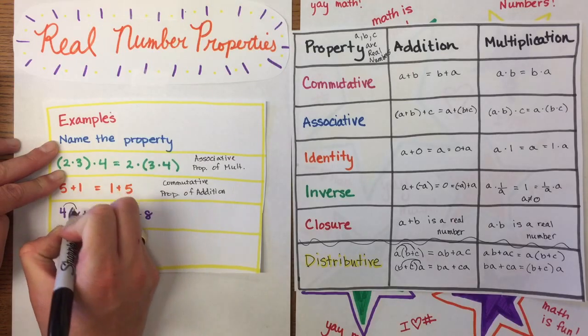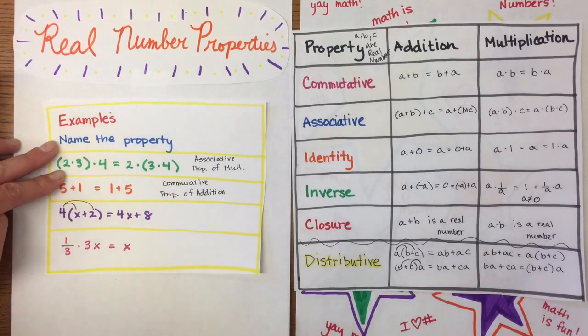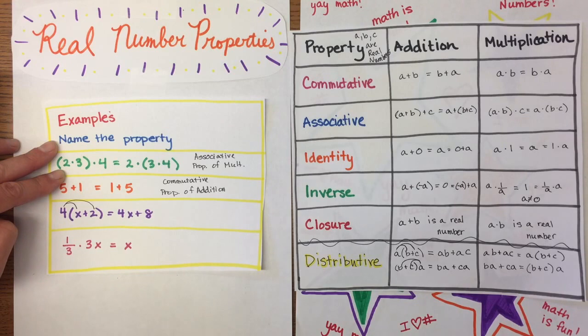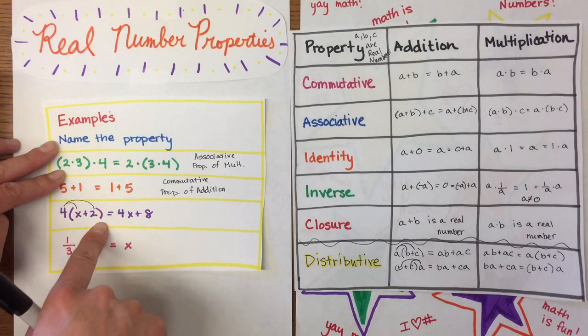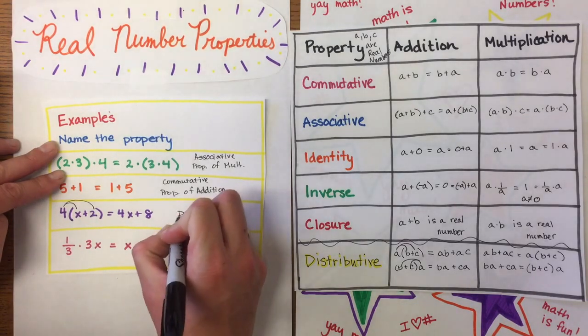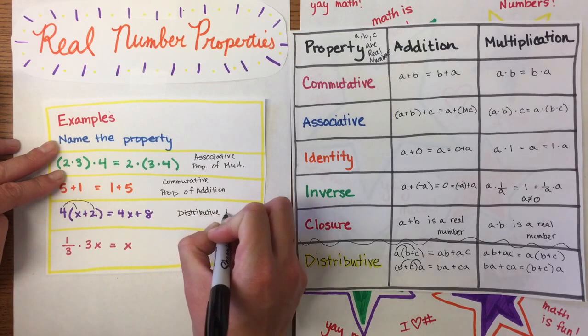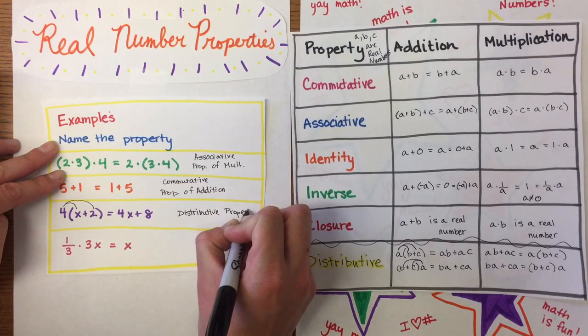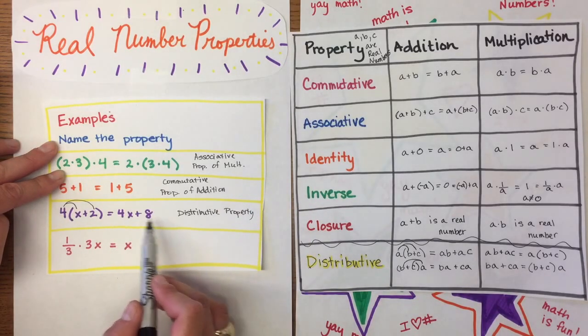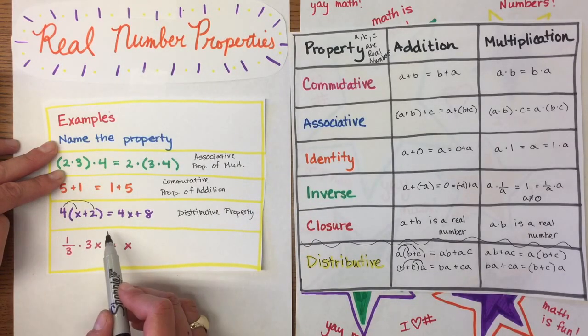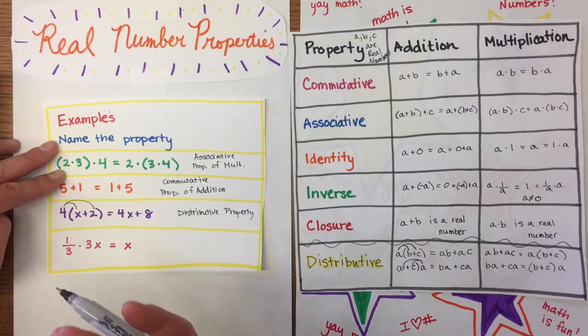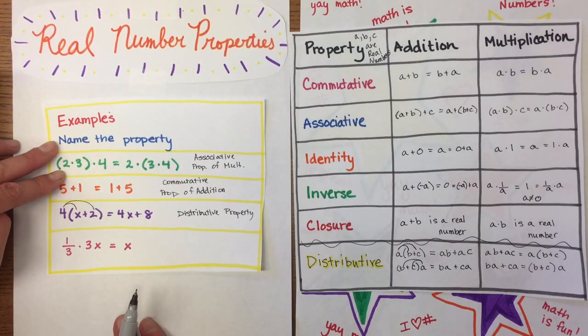And what's happened here is that 4 has been distributed in to each of the terms inside. So this is the distributive property. If this had been written the other way, if this had been written 4x plus 8 is equal to 4 times the quantity x plus 2, it also would have been the distributive property.